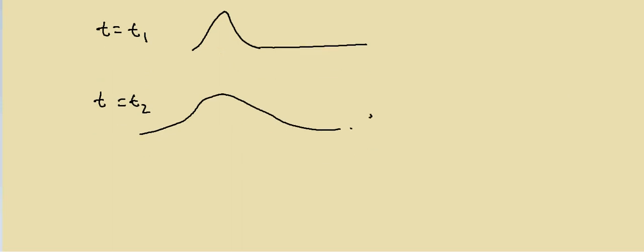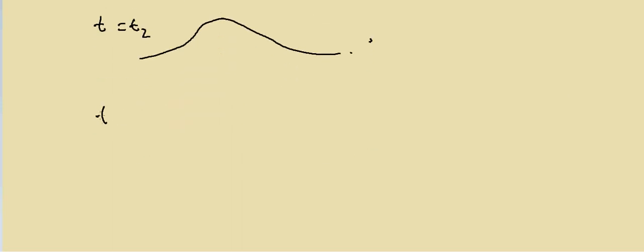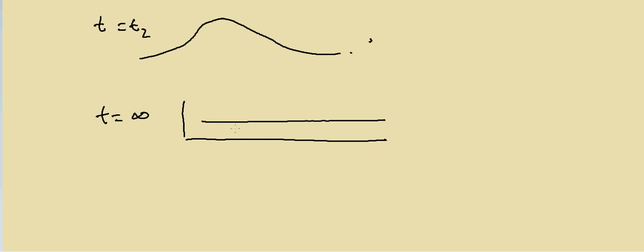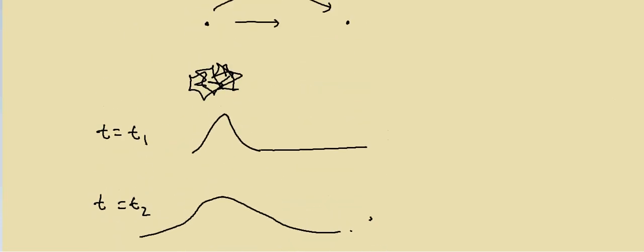Eventually, when time is equal to infinity, the distribution will look like a straight line, and everything will be homogeneously distributed in the whole room. So this is how diffusion can be explained.